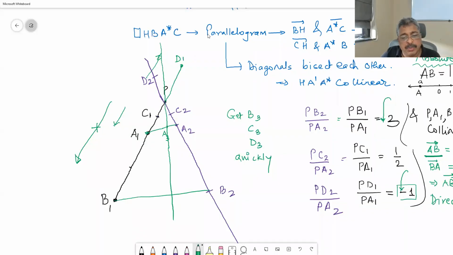Easy. Join B1, B2 segment and draw a line passing through P and A3, wherever it will intersect B1, B2, C1, C2 and D1, D2. Those are the points D3, C3 and B3. Why?